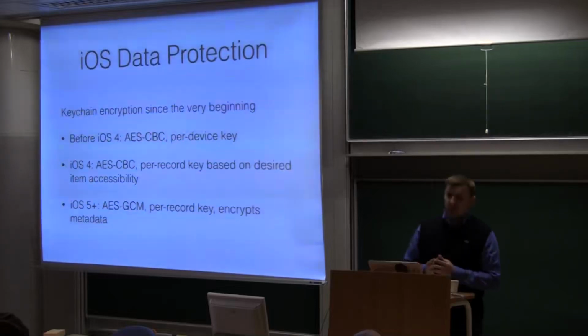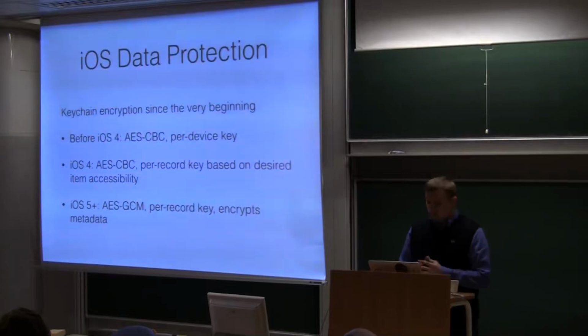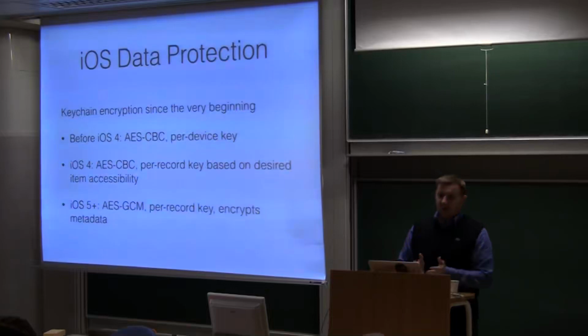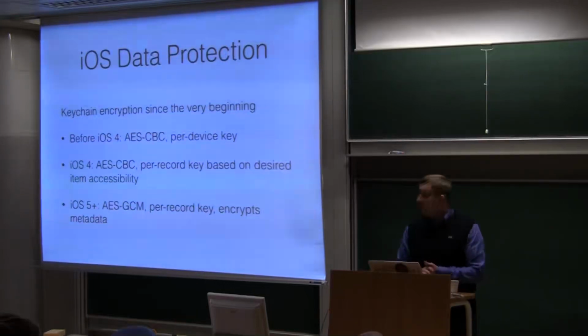The encryption key used to protect passwords was fixed for a particular device. So every device came with a hard-coded key that was protecting the keychain. And no matter how many times you reset or wipe your device, the key remained the same. So obviously that was no good.